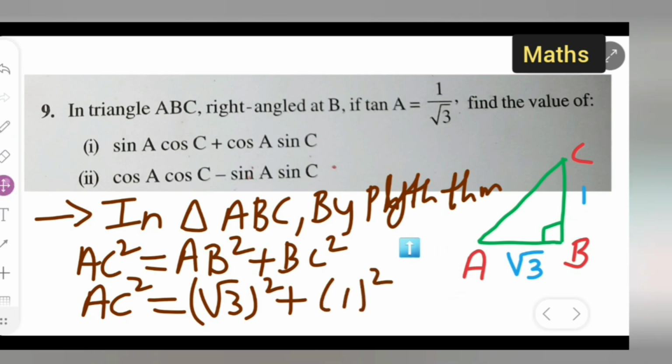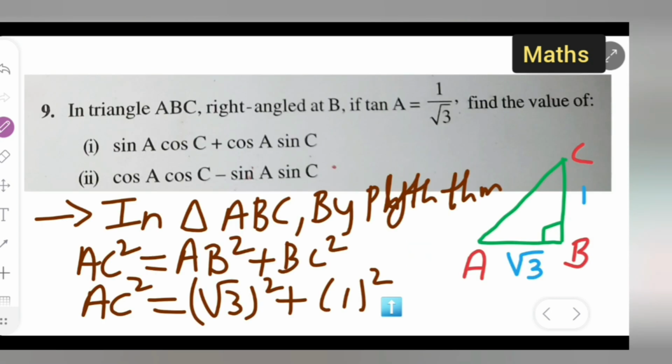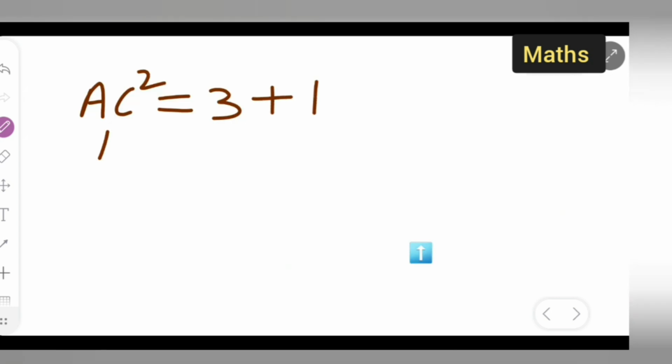On the next line, root 3 square will be 3, so AC square is equal to 3 plus 1. So I am going to get AC square is equal to 4.